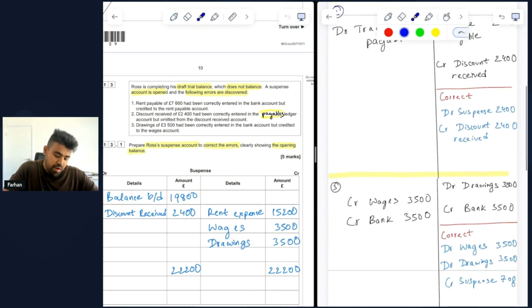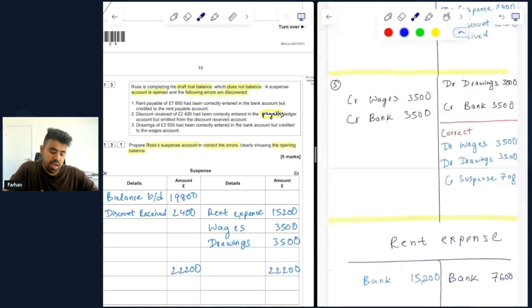Drawings of £3,500 had been correctly entered in the bank account but credited to the wages account. Okay, so let's look into where the workings are. So we know that Ross has made some drawings. If Ross has made some drawings, because it's cash drawings, as we can understand, it's going to result in a reduction in the funds available within the bank.